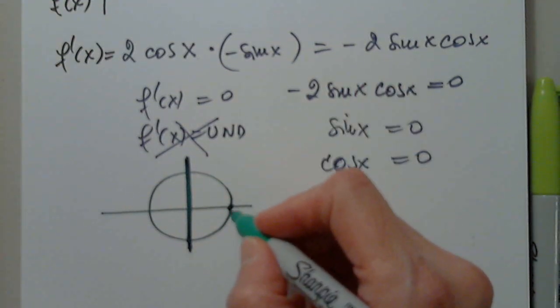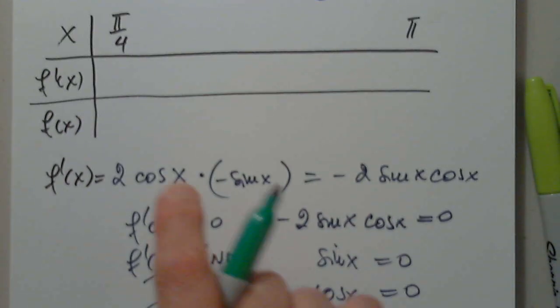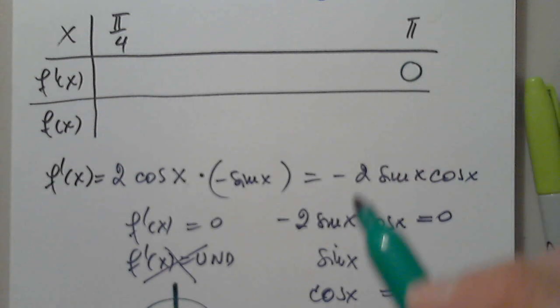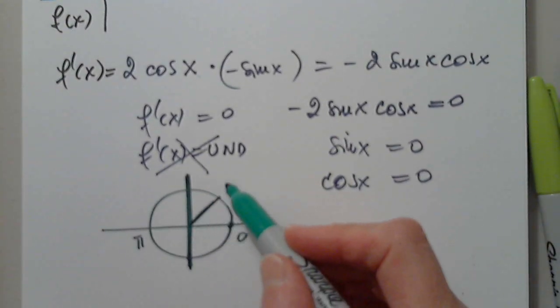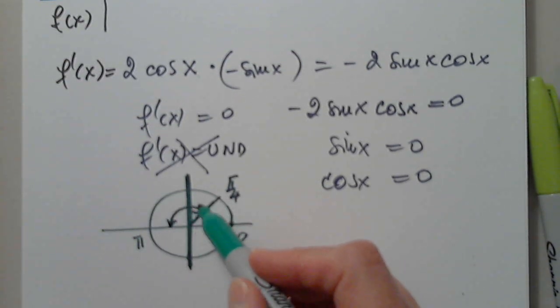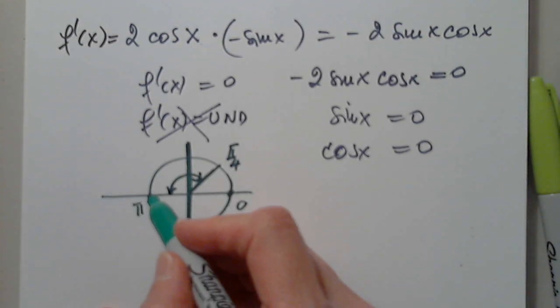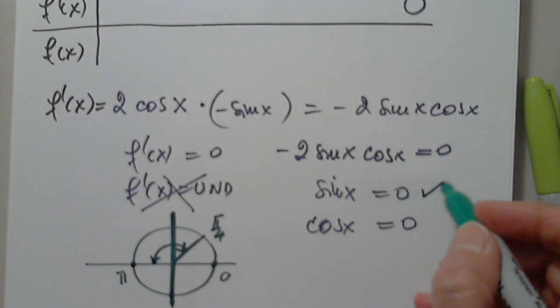Yes, so you mean at 0 and at pi. Perfect. 0 I don't have, but pi I do, because it says it's between pi over 4 and pi. This is the domain of this function. So I don't have 0, but I do have pi. Awesome.